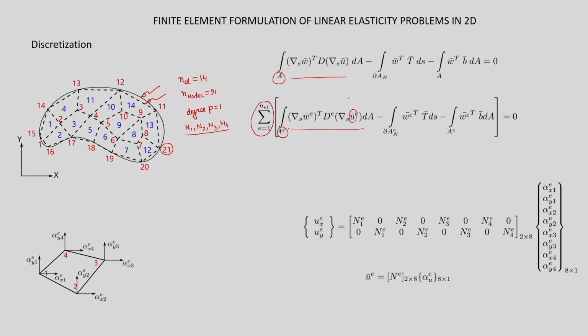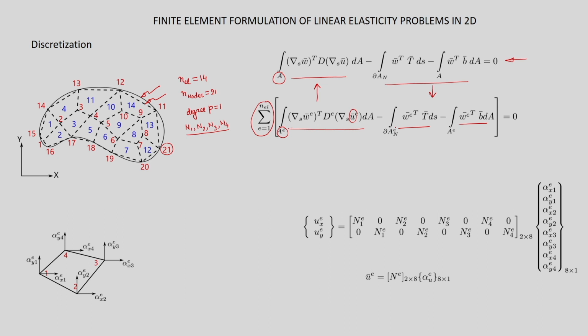Okay. So, then this becomes the same as the earlier case, and we have done it for the other 2 elements as well. So, all the terms are evaluated at a particular element E, and then the contributions of all the elements are summed up to get what this equation represents.